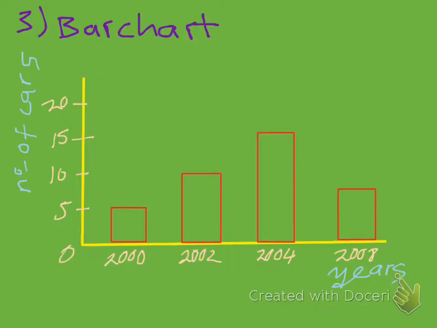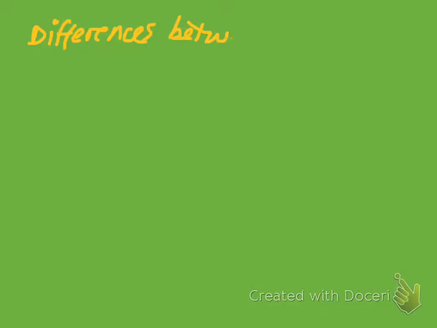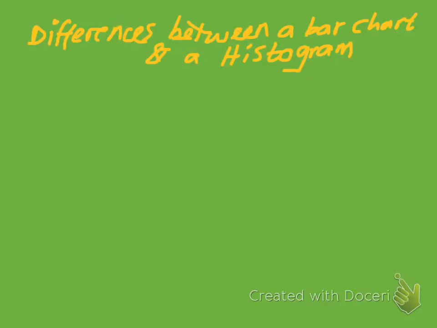So we want to compare the two and see the differences. We have seen the similarities: they both have a y and an x-axis representing different things, and the relationship between those things in the form of bars. So let's look at the differences.